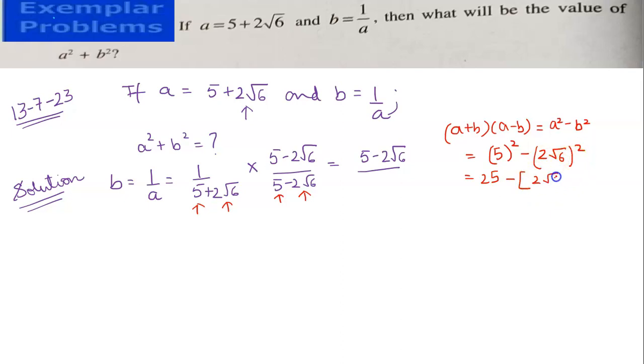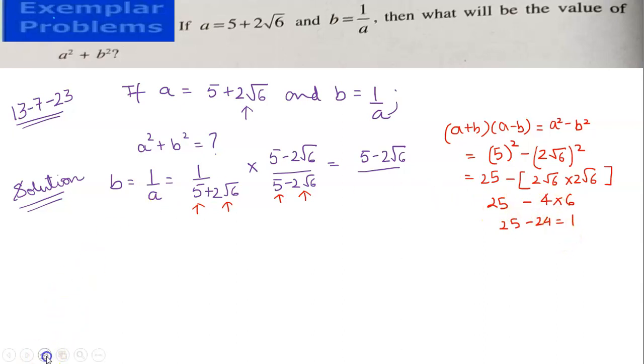So 2 root 6 into 2 root 6. So 2 into 2 will give me 4. Root 6 into root 6 will be 6. Very good. So 25 minus 24. So 25 minus 24 is equal to 1. Are you following, students? Is it clear?